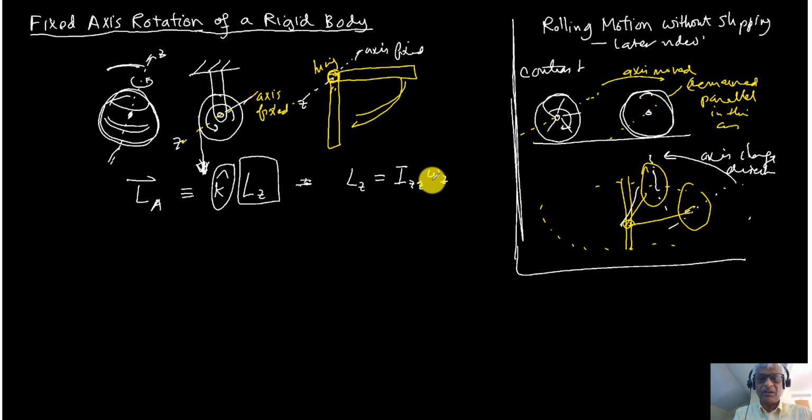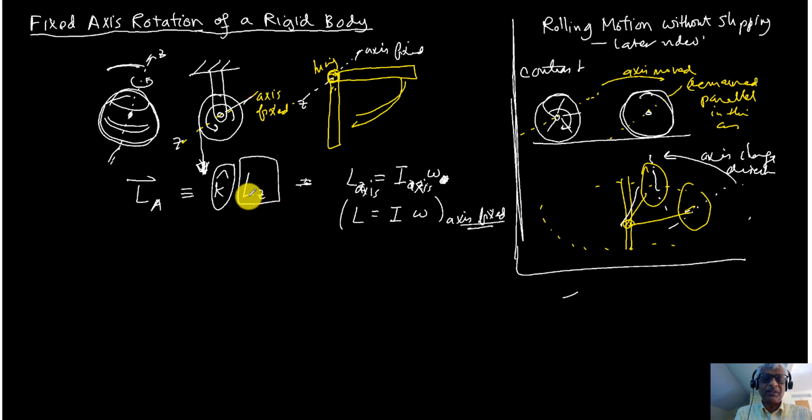The body is not changing, so I can just drop the axis label completely. That's the normal way of writing it, L is simply I times omega, and it is understood that the axis is fixed, so we don't have to really worry about it.